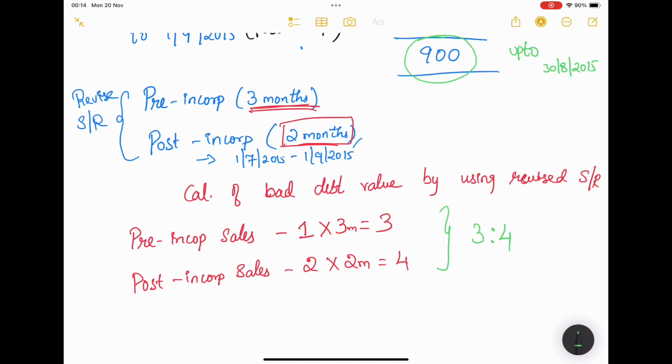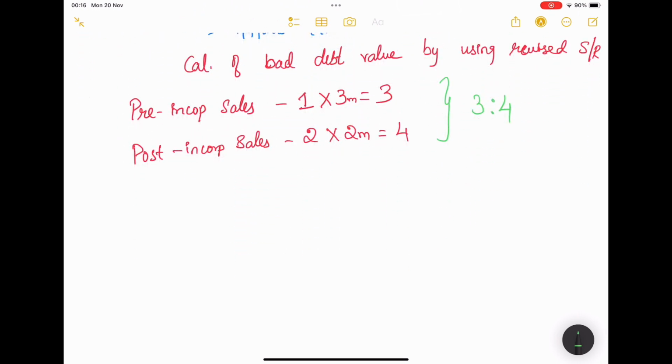So we are going to apply this to this 900. Got it? So if you calculate 900 into 3/7, you will be getting around 386 as the value, so the pre-incorporation value will be 386, and this is related to pre-incorporation.